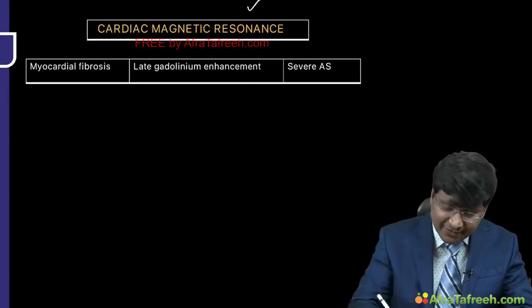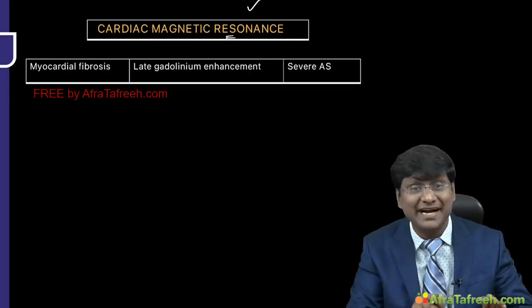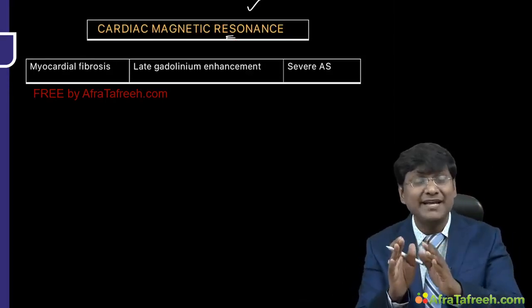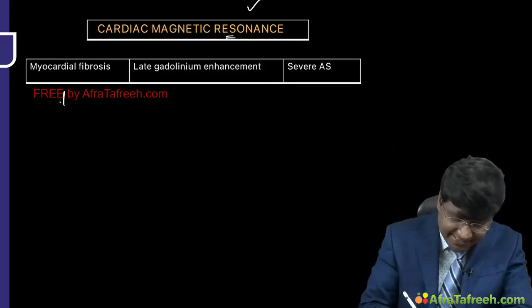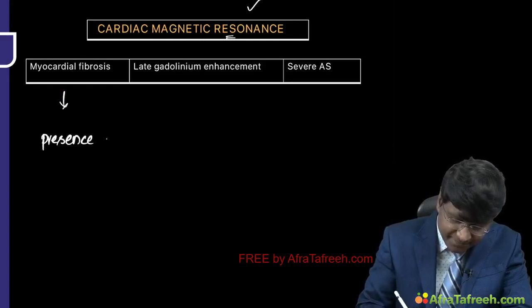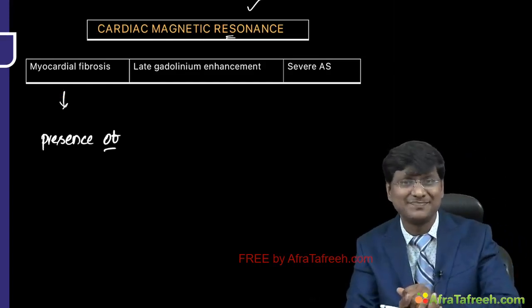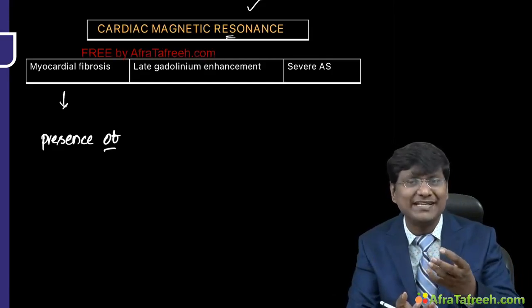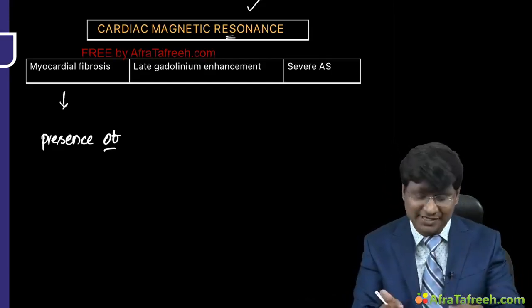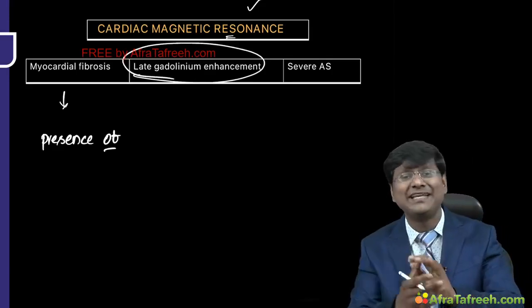Next, why do you need to do a cardiac MRI in case of aortic stenosis? That is mainly to screen for the presence of myocardial fibrosis. And how can you detect that there is myocardial fibrosis? That is by late gadolinium enhancement.